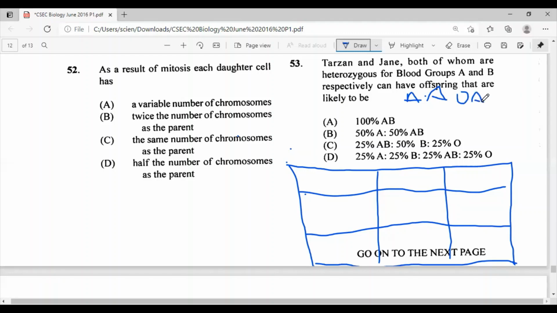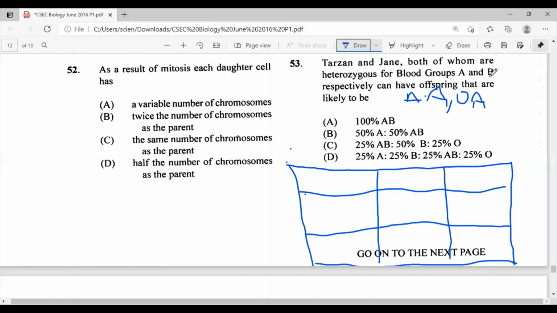And having either of these two would mean that you have blood group A. So AA, having two capital A's, would mean that the person is homozygous. So that will not be the allele for any other parent. But OA now, that could possibly be an allele because that's heterozygous.